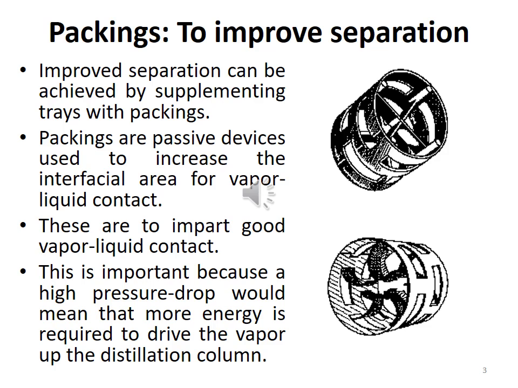So these trays utilize less energy, and they have less construction cost. If we want to improve the overall separation efficiency of the column, we will add some packing material to the trays. These packing materials are passive devices.